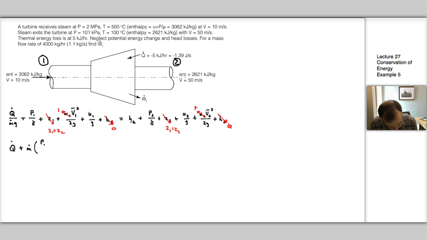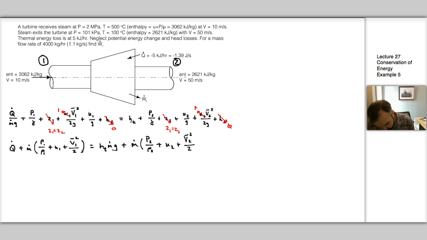P1 over rho 1 plus U1 plus V1 bar squared over 2 is equal to H sub T times M dot G plus M dot times P2 over rho 2 plus U2 plus V2 bar squared over 2.